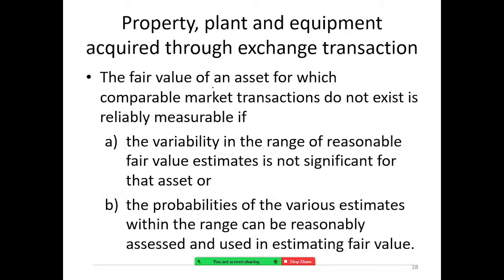The fair value of an asset for which comparable market transactions do not exist is a measure if the variability in the range of reasonable fair value estimates is not significant for that asset, or the probabilities of various estimates within the range can be reasonably assessed and used in estimating fair values.